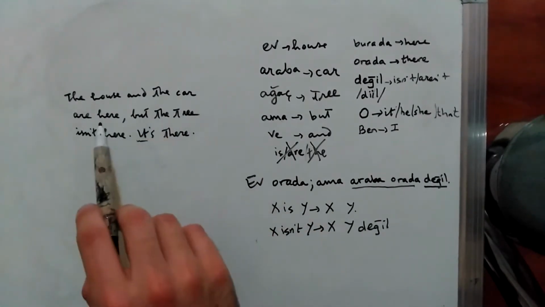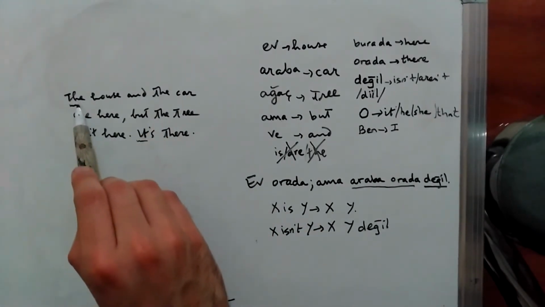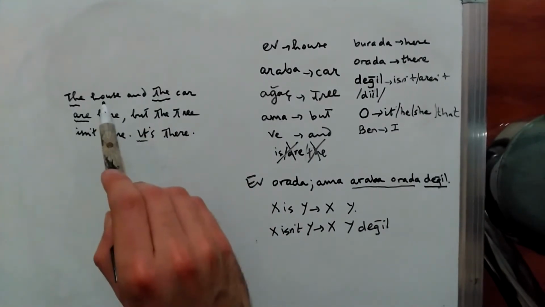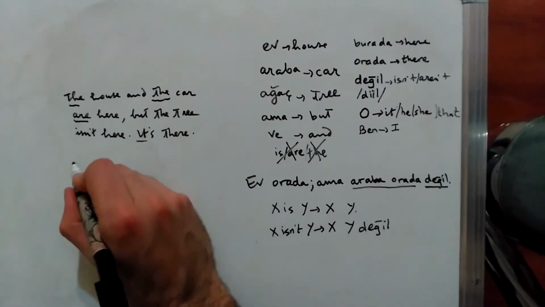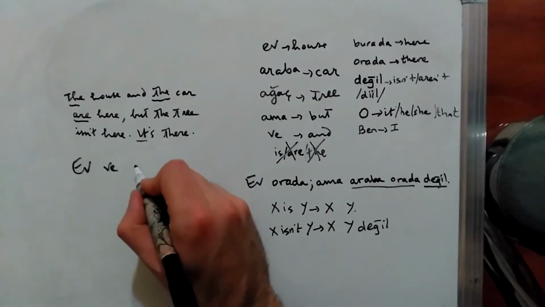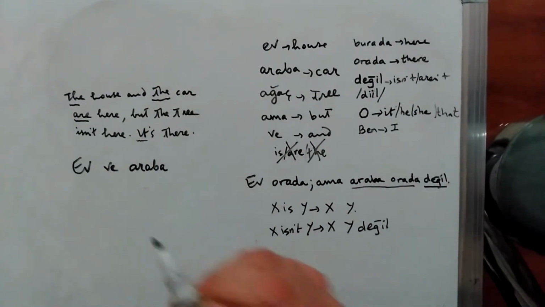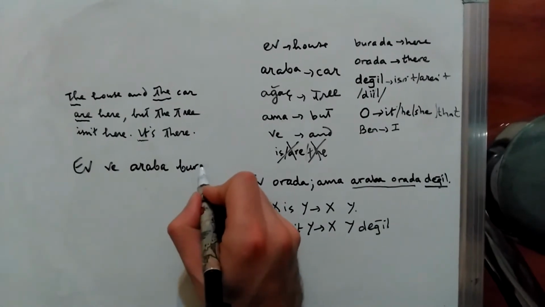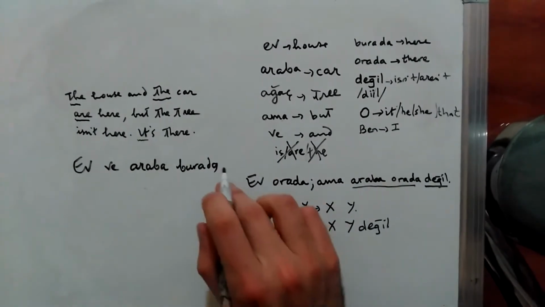So let's say this sentence. The house and the car are here. We know that the doesn't exist and are doesn't exist. So house is ev. Let's write ev. And ve. Araba. Are, we don't say that. Here, burada.